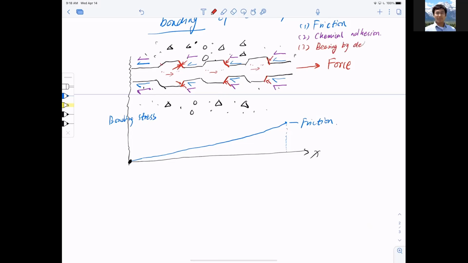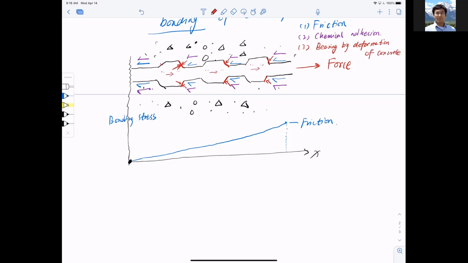Bearing by deformation. Deformation of what? Is it deforming steel? No, I don't think so. Steel is very strong. So in this case, it's deformation of concrete.